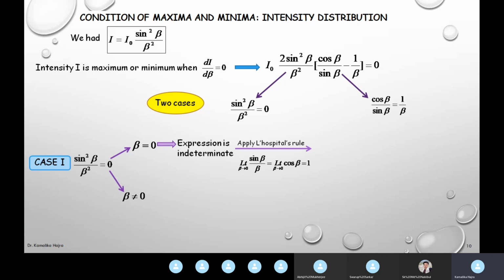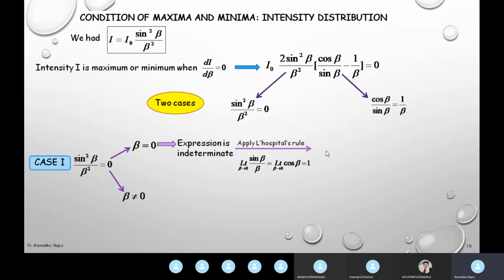So when we differentiate, the numerator becomes cos beta and the denominator becomes 1 in the first step. So the denominator becomes non-zero in the very first step. So we have limit beta tends to 0 cos beta, and we know that cos 0 is 1. So using L'Hopital's rule, as beta tends to 0, sine beta by beta is equal to 1.